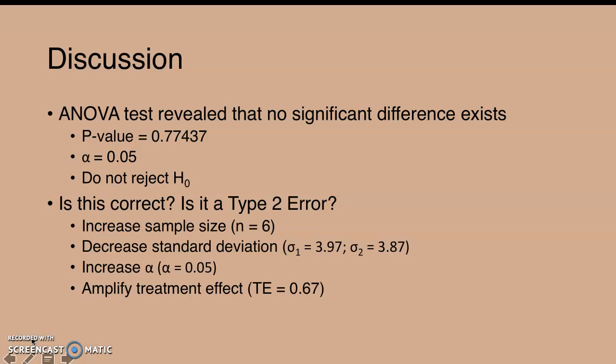So I wondered, is this correct, or is this possibly a type 2 error? It is entirely possible that no difference exists within the textbook, and it is the correct decision to not reject the null hypothesis.